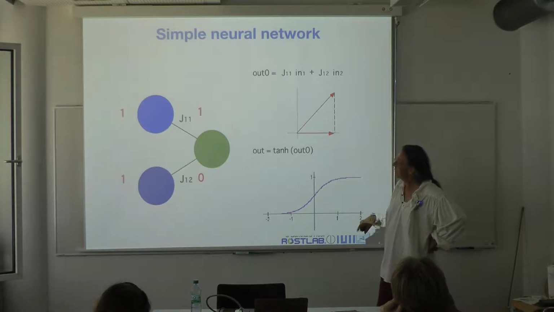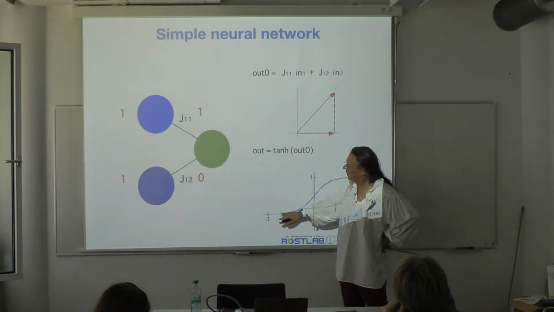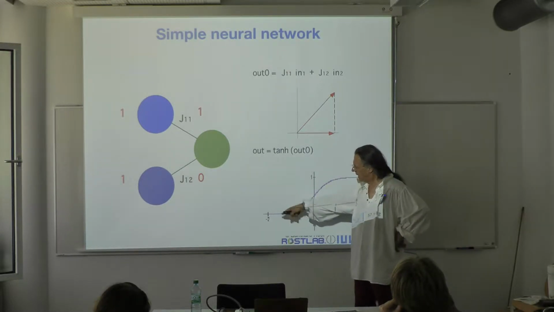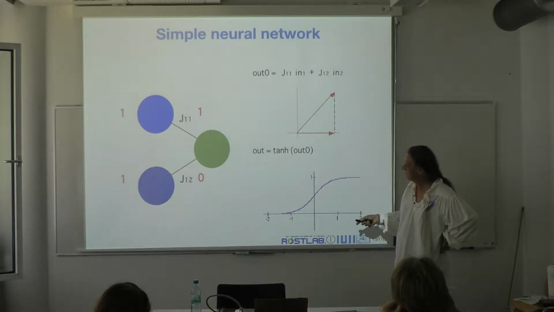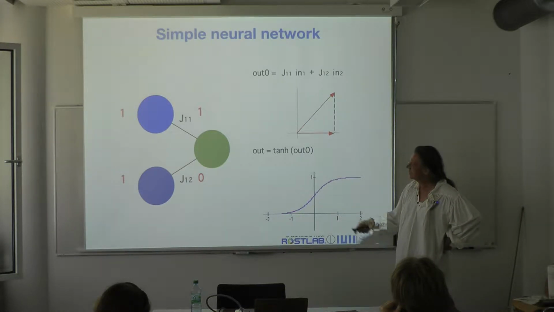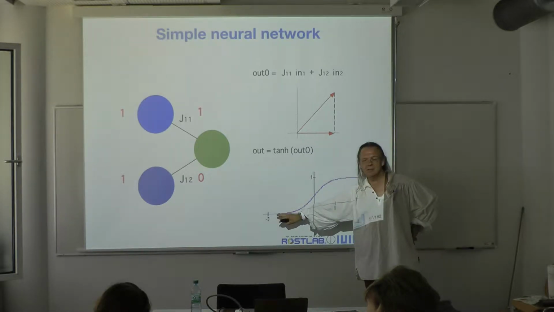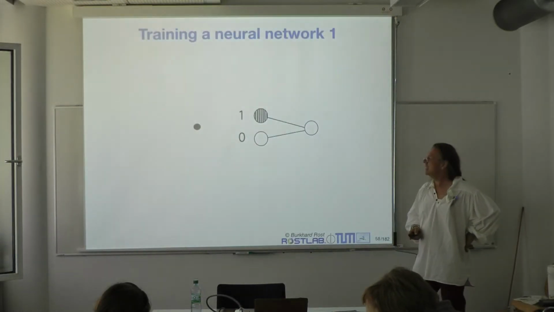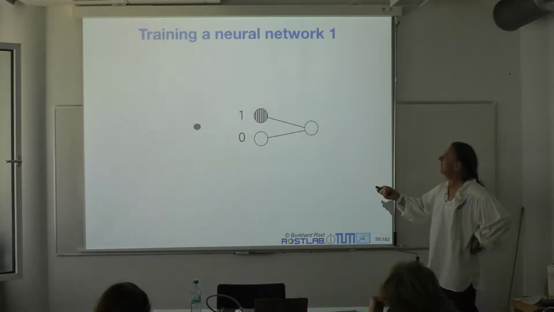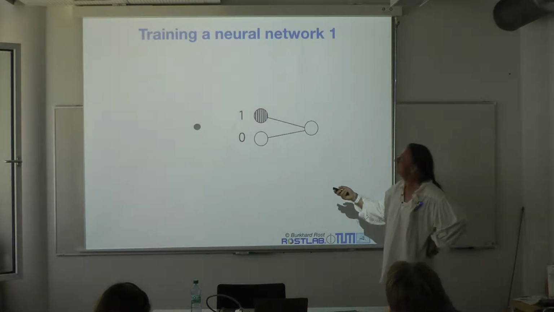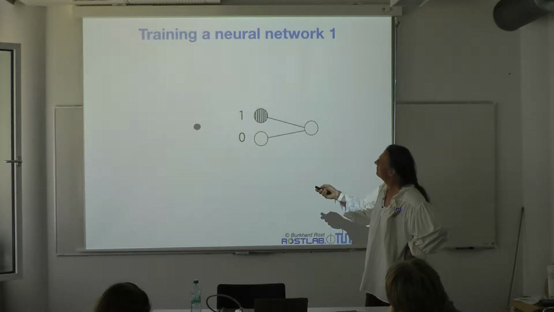You apply a sigmoid type of function, where if the sum is very highly negative, so the connections can be negative, you switch to 0. If it's very highly positive, you switch to 1, and something in between. And the way this trains is, I'm sorry, it's very faint here.